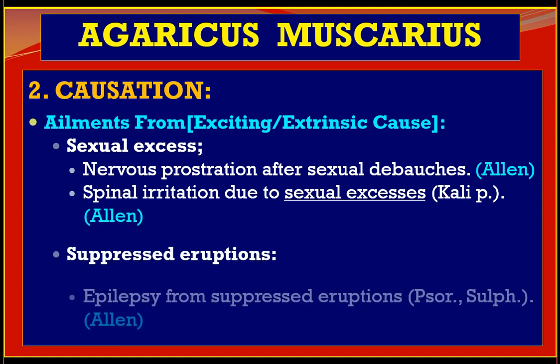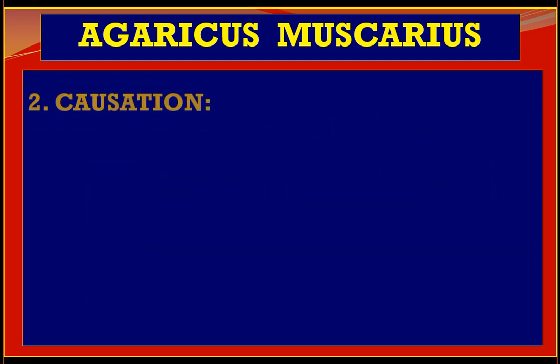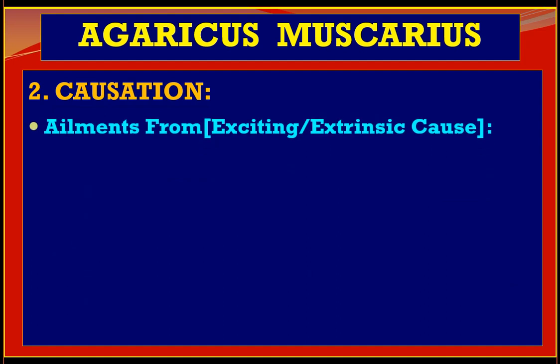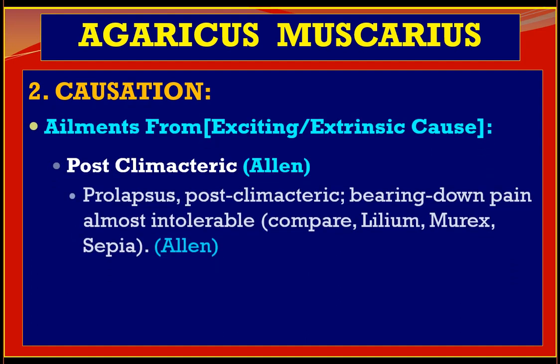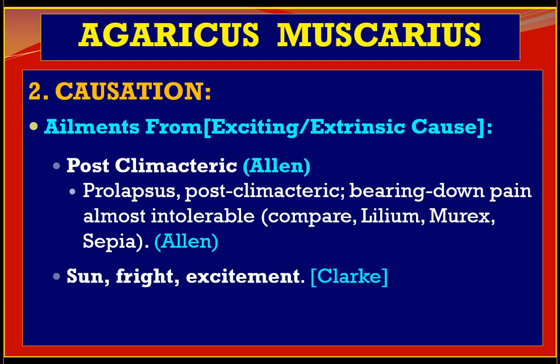Suppressed eruptions bring about epilepsy. Similar remedies include Psorinum and Sulphur. We have post-climacteric conditions, especially prolapse, bearing down, and the pain is almost intolerable.